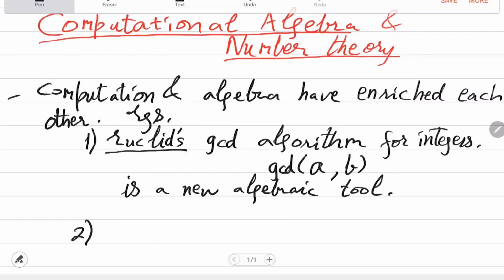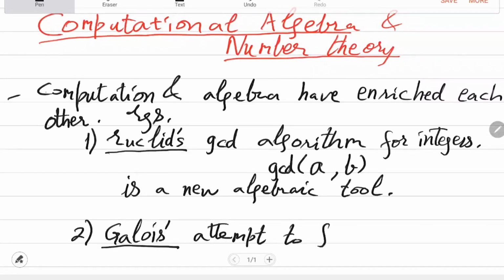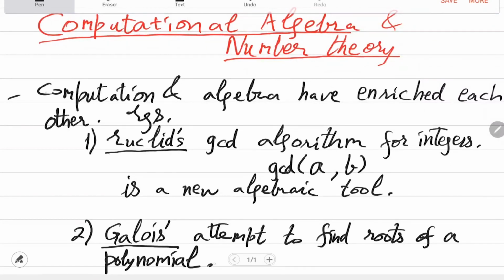Second is something more abstract, so that is Galois's attempt to find roots of a polynomial. Okay, so given a polynomial, say univariate, with coefficients in integers.